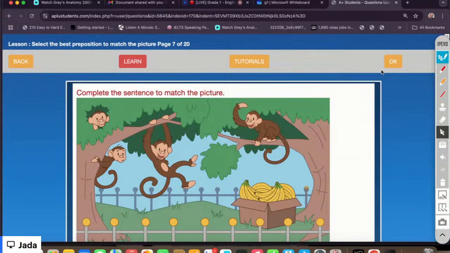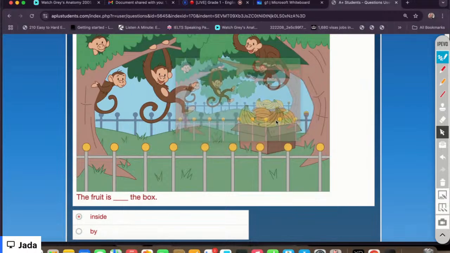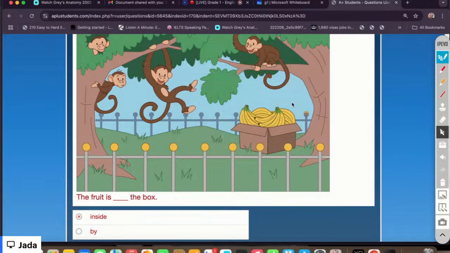So we have this picture here. So look at this picture. So the fruit is dash the box. Is it inside or by the box? Look at the bananas here. Where's the banana? Inside or by? So what's the right answer? Okay.